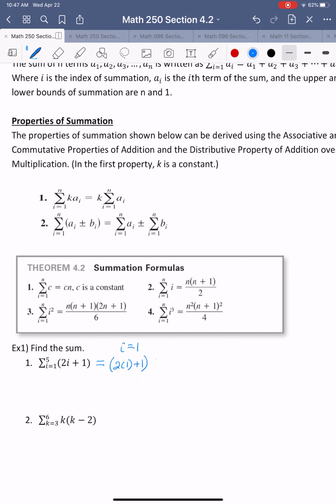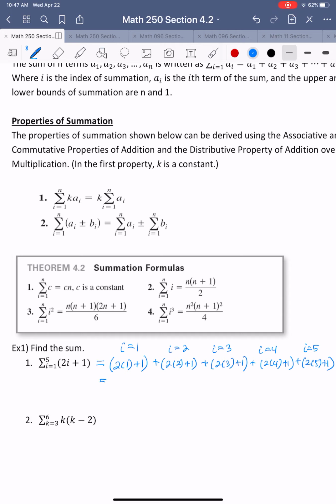That's 2 times 1 plus 1. Then i becomes 2, which is 2 times 2 plus 1. Now i equals 3, which is 2 times 3 plus 1. Now i equals 4, which is 2 times 4 plus 1. Now i equals 5, which is 2 times 5 plus 1.